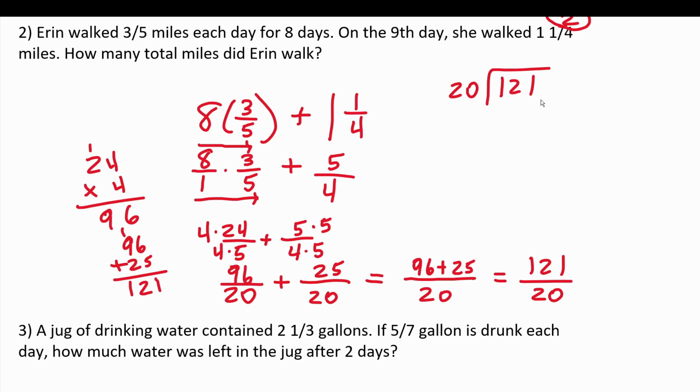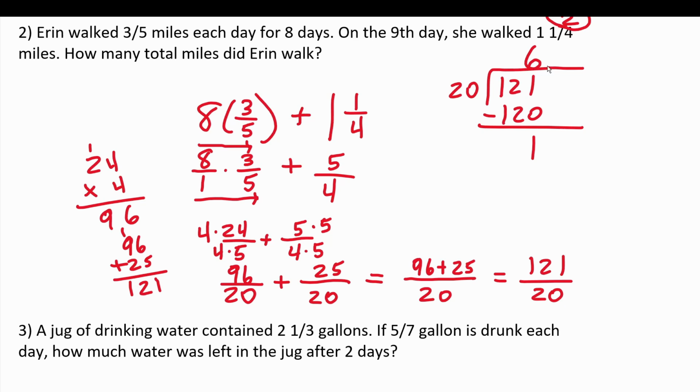It doesn't. How many times does 20 go into 121 without going over? Well, 2 times 6 would be 12. Therefore, 20 times 6 would be 120. So we know this is going to be 6 here. And we're going to write 6 times 20 is 120. So we'll subtract that. 121 minus 120 is 1.